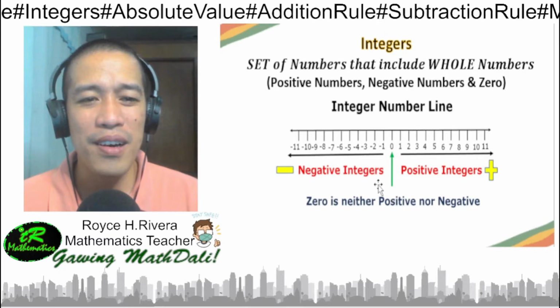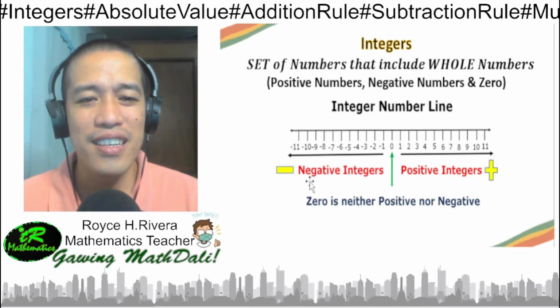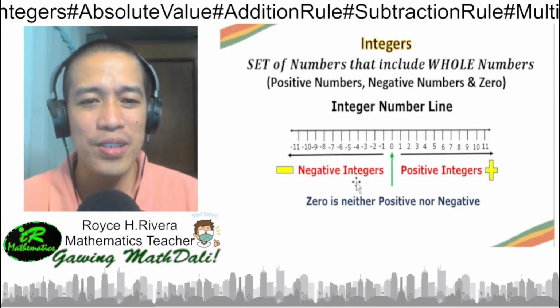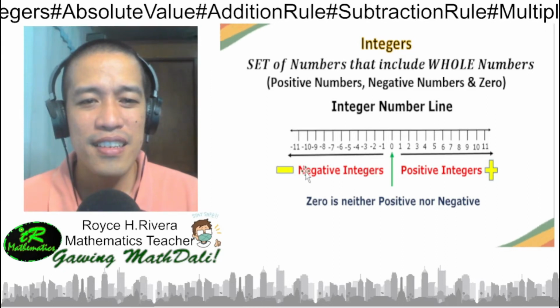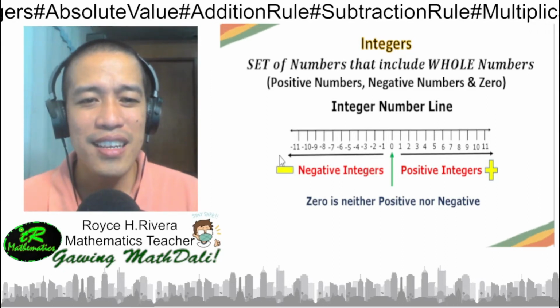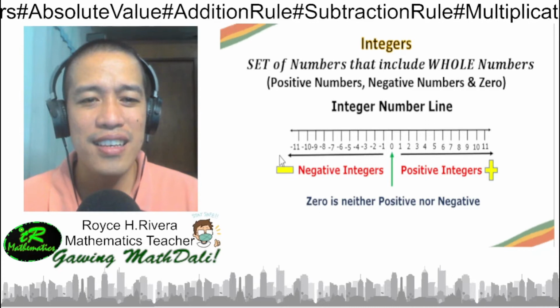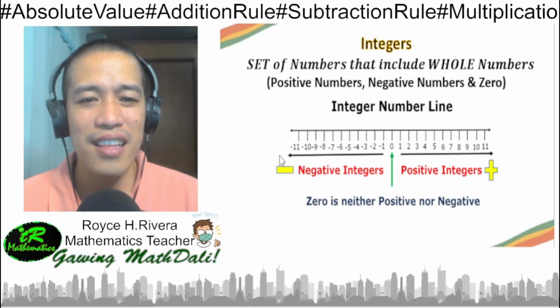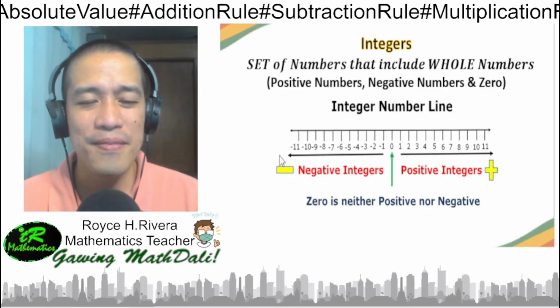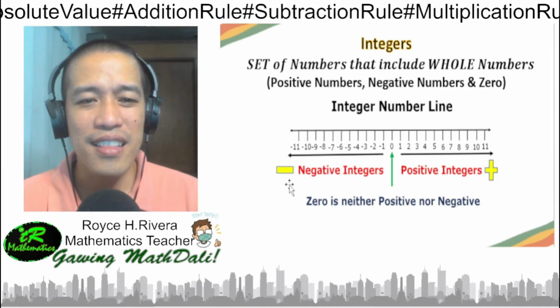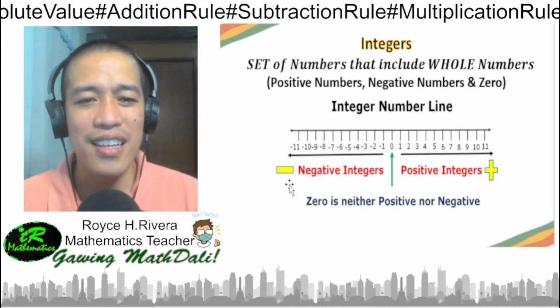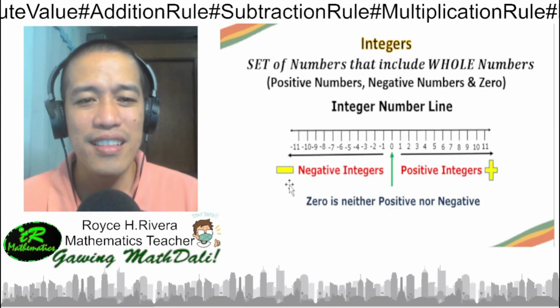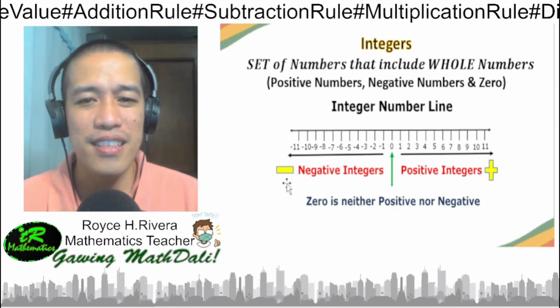To the left of 0 are the negative integers. As you can see, the arrowhead indicates that the numbers extend infinitely. Negative integers are written with the negative sign.